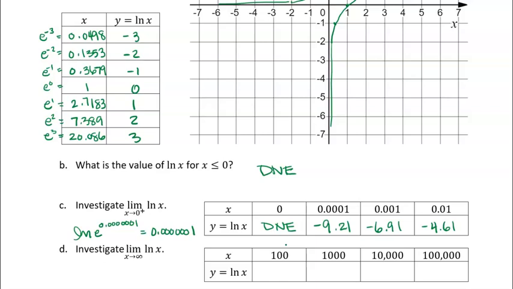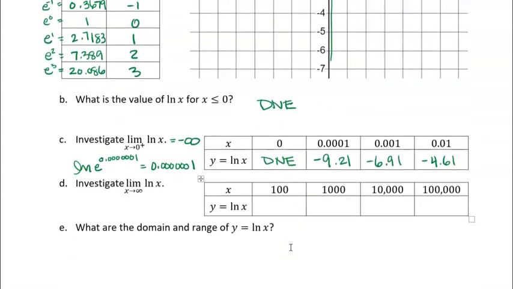Okay, so we can say that the limit as x approaches 0 from the right goes to negative infinity. It just gets more and more negative.